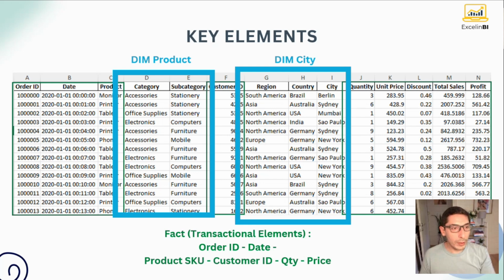And the way we can create a dimension is to just bring those three columns and put them in something called dim product, and bring those three other columns and create something called dim city.